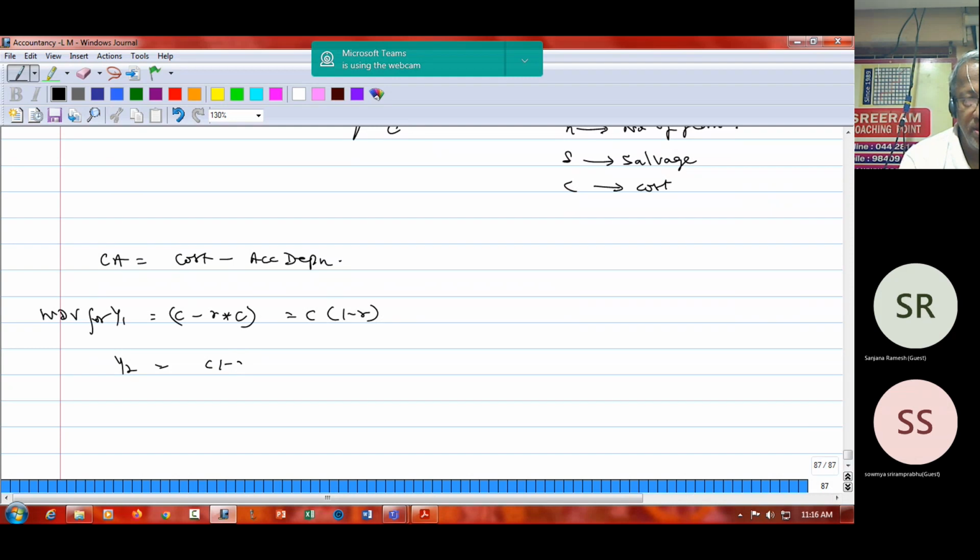C into 1 minus R, minus R into C into 1 minus R. Correct? Therefore, how do you write? 1 minus R power n minus 1... C into 1 minus R into 1 minus R. C into 1 minus R the whole square. Exactly.